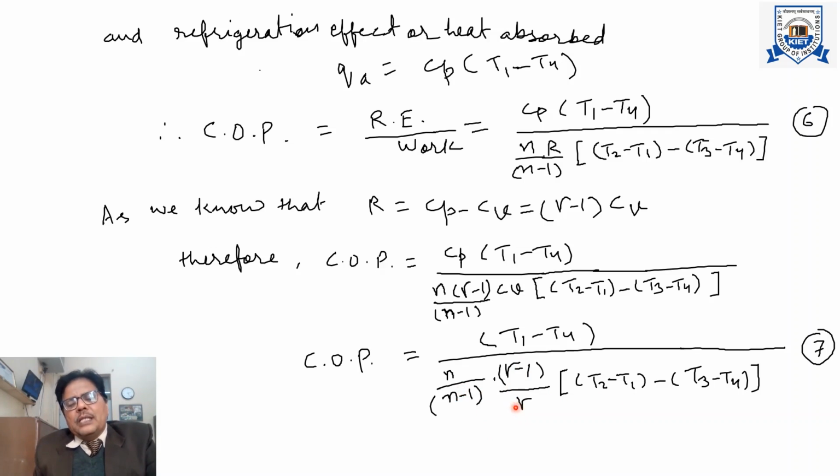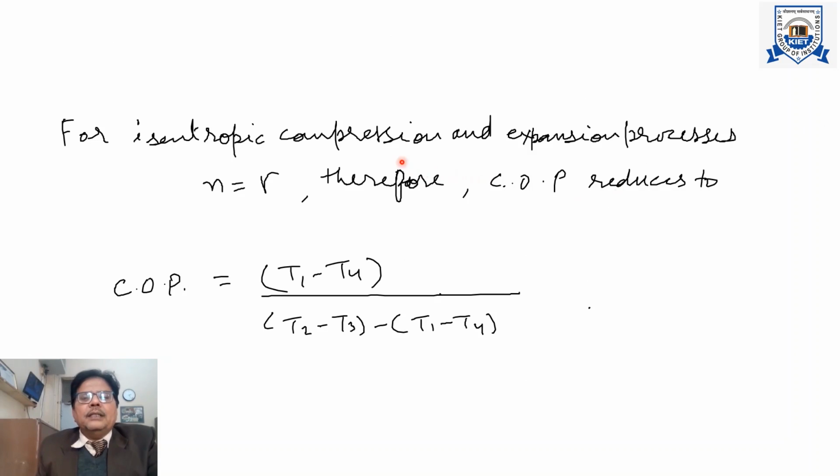From here you can see that if the polytropic process becomes an isentropic process, then n will be replaced by gamma, so the term n over n minus 1 will be cancelled out by gamma minus 1. So the equation will remain the same. For isentropic compression and expansion, if n equals gamma, then COP reduces to T1 minus T4 over T2 minus T3 minus T1 minus T4.